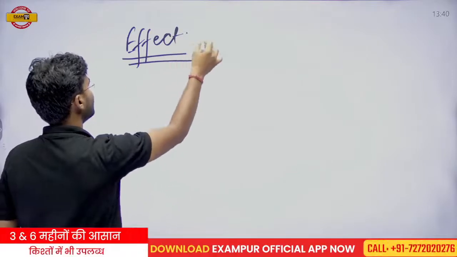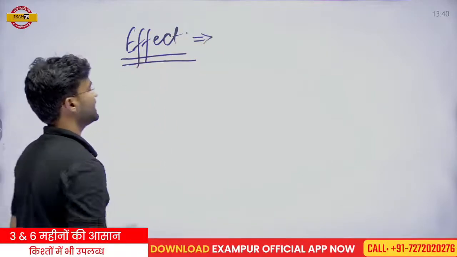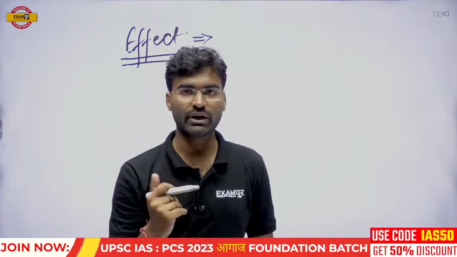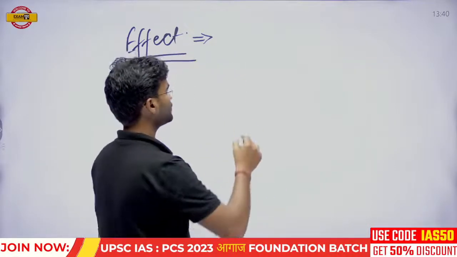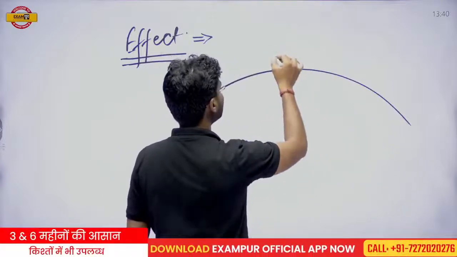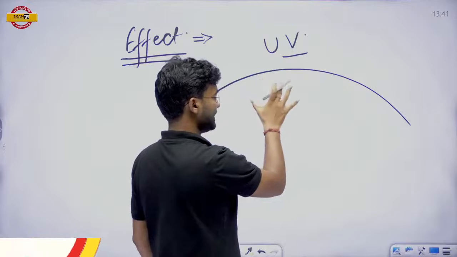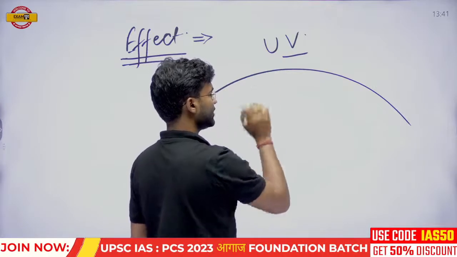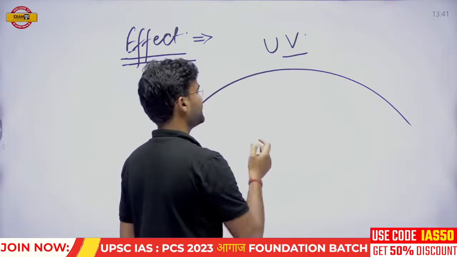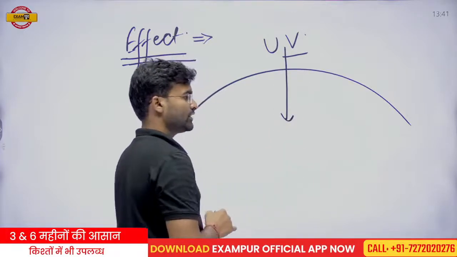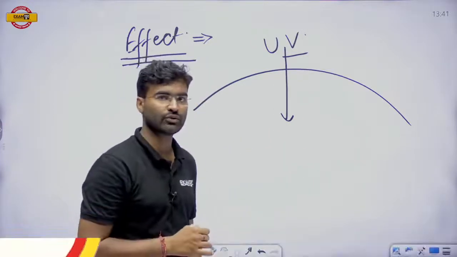To understand the effects of ozone depletion, we should know about the protection the ozone layer provides. The ozone layer protects us from high energy ultraviolet rays. If the ozone layer depletes and its thickness decreases, then these high energy ultraviolet rays will come to the earth's surface.